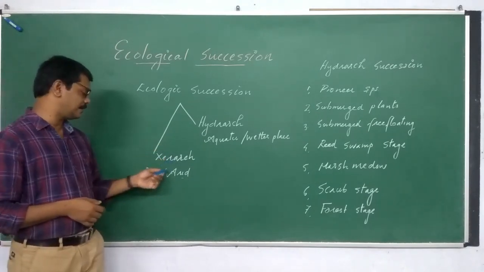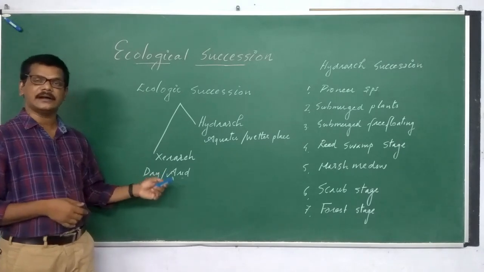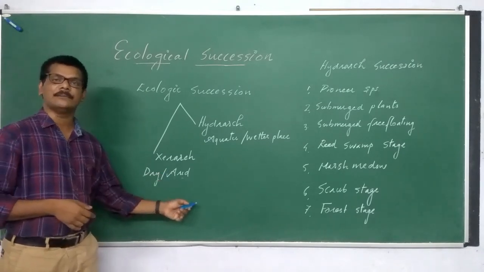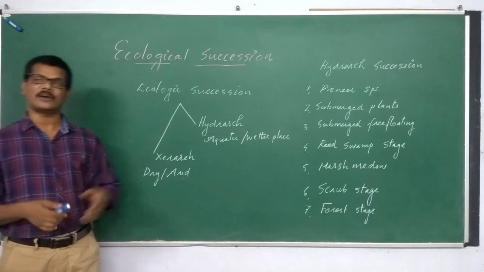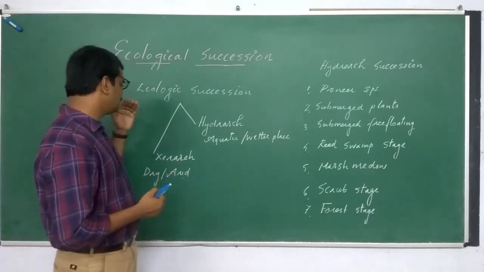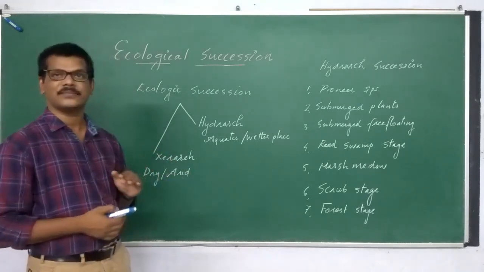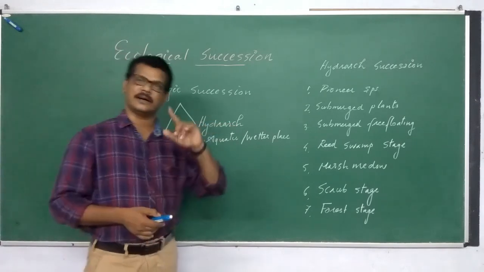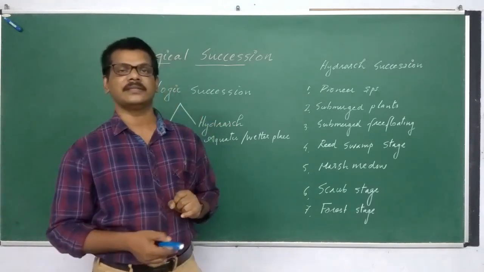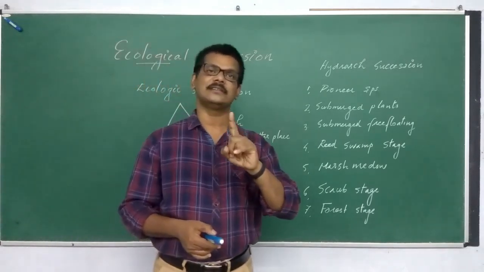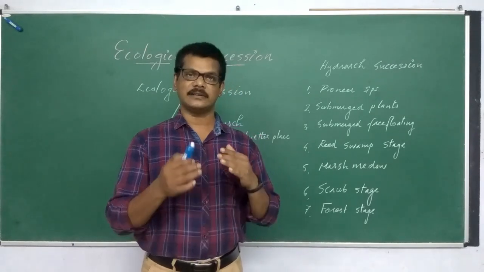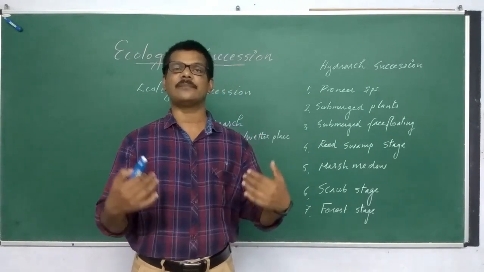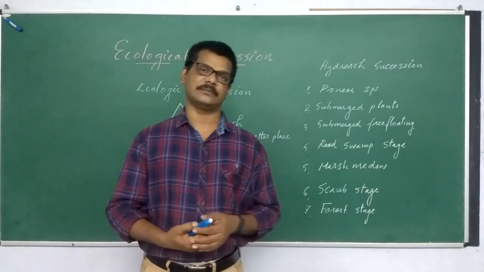This dry arid area will develop into a mesic habitat. So what I want to conclude is, whether the succession is a xerarch one or a hydrarch one, the stable community, the climax community, is always the forest, and that area develops into a mesic condition.